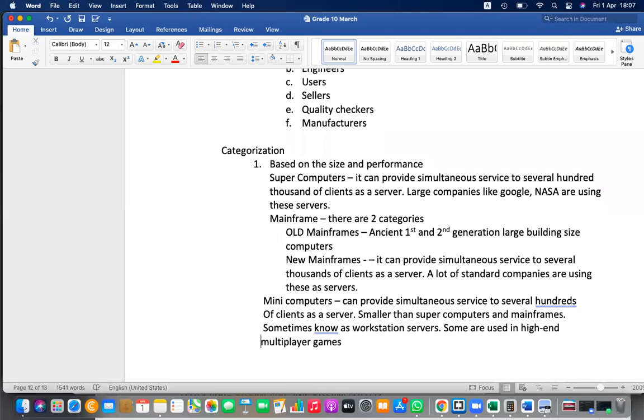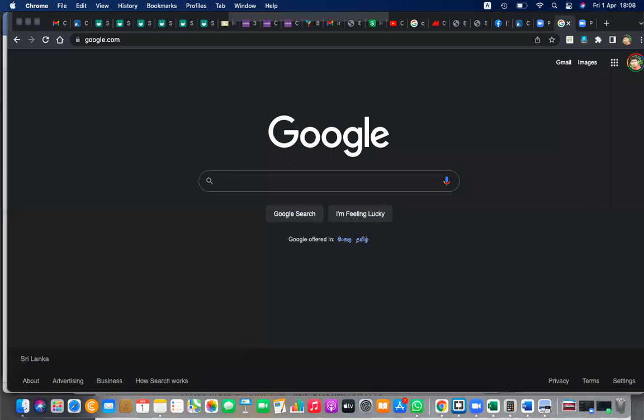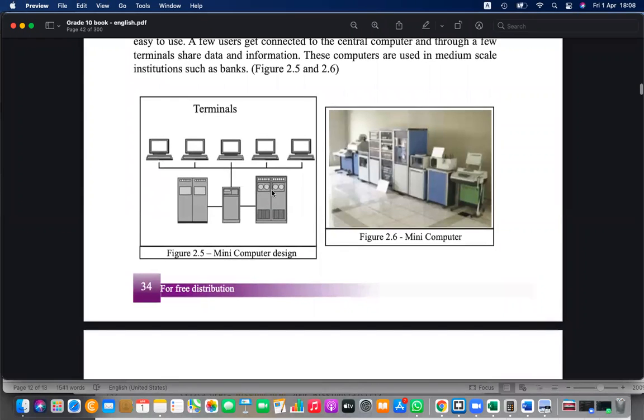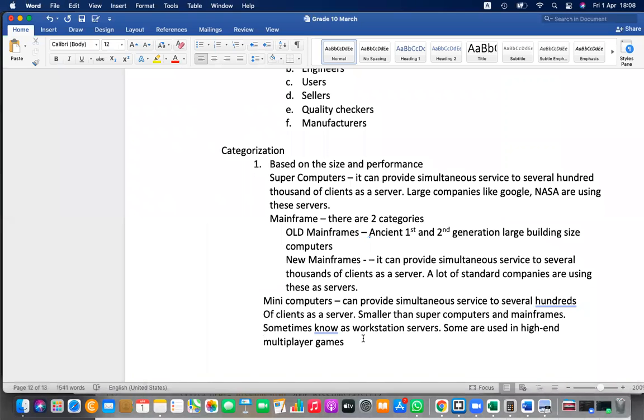Even though it's called a mini computer, you can see it's not mini. It is still large. It's a large cabinet-like computer. But it can facilitate, so maybe medium and small scale companies are using these as servers. Servers means the service providing computers. That's it.